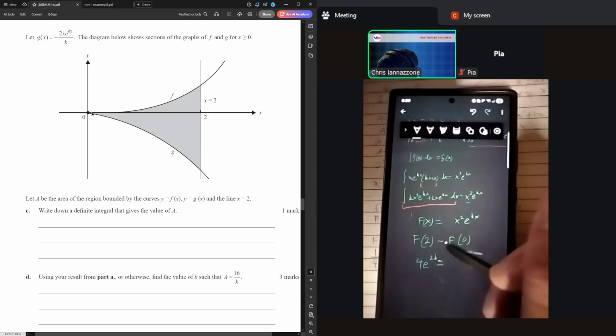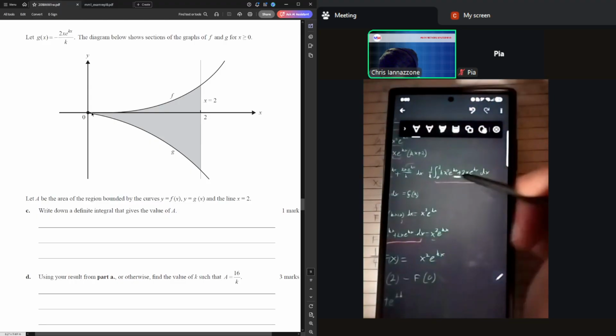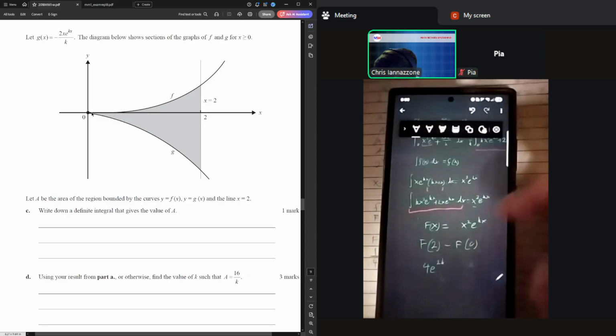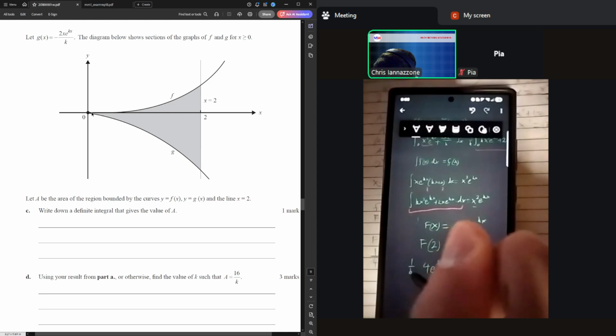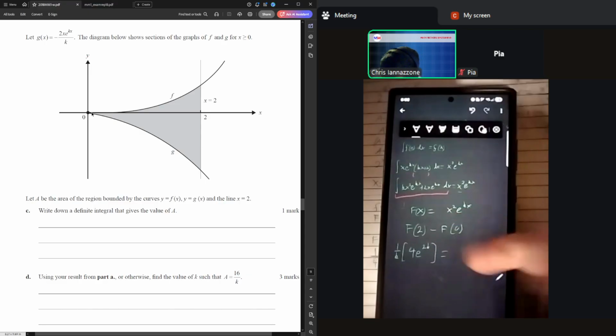So that's the capital F of 2 minus capital F of 0. That's that part of the integral. We can introduce the 1 over k bit, because we need that. 1 over k needs to come in there. And because this is an area equation, it equals area, but we're told area is 16 on k for this thing.